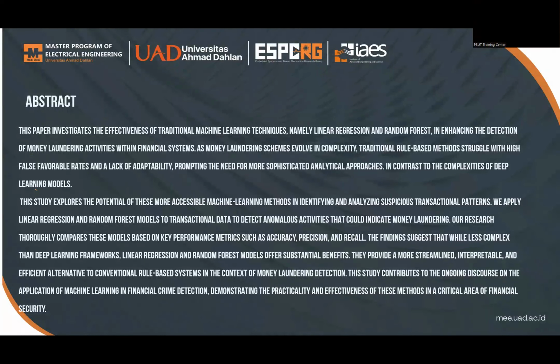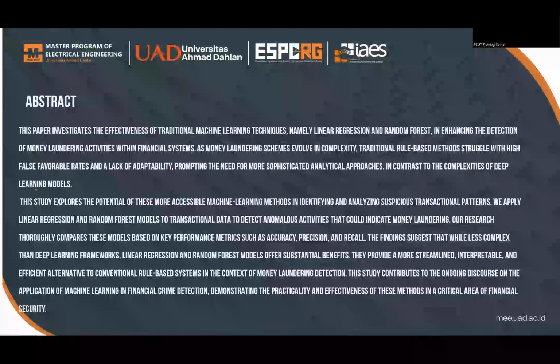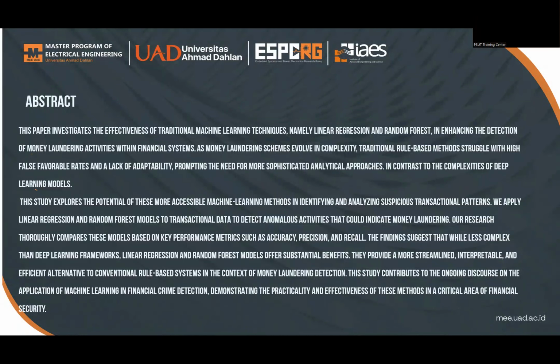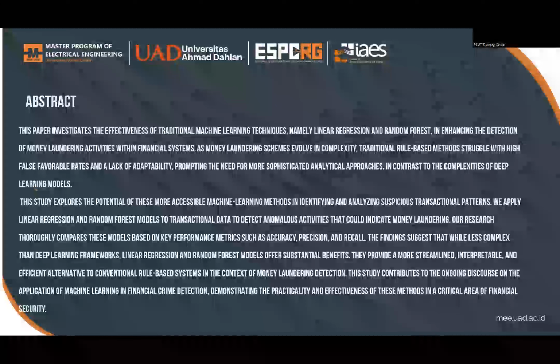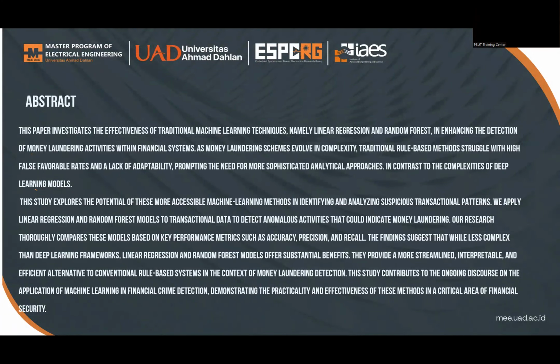As money laundering schemes evolve in complexity, traditional rule-based methods struggle with high false positive rates and a lack of adaptability, prompting the need for more sophisticated analytical approaches, in contrast to the complexity of deep learning models. The study explores the potential of these more accessible machine learning methods in identifying and analyzing suspicious transaction patterns.